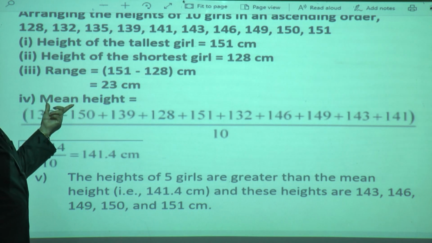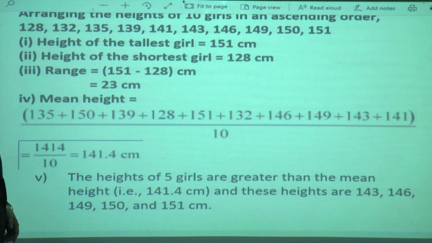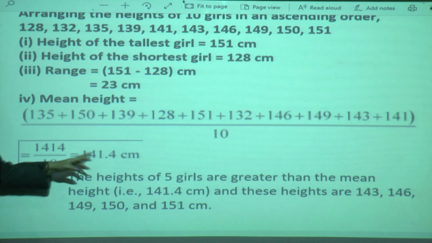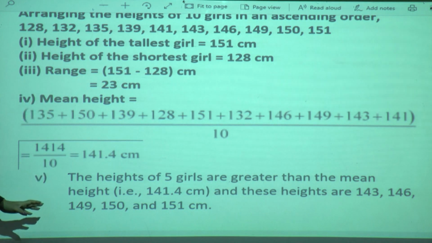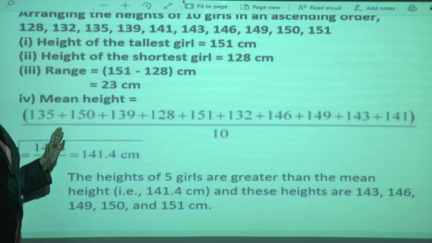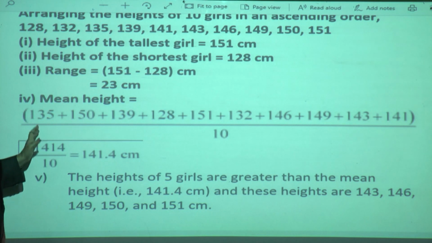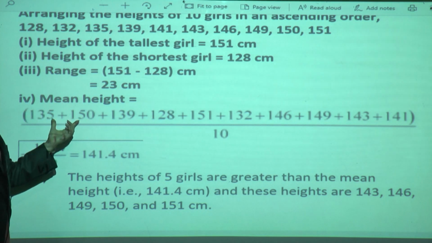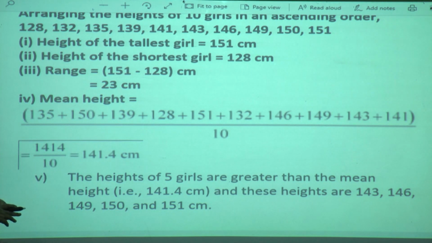What will be the average? What will be the arithmetic mean? It is 141.4 centimeter. Because we have seen similar examples, doing this will give you more practice and you will be confident enough to copy the numbers and do the additions very easily. So we have seen about the mean.